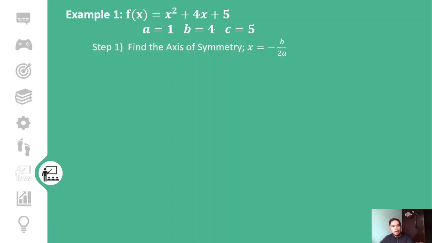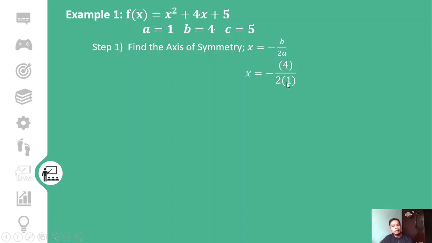Step 1 is to find the axis of symmetry. No? Gagamitin natin yung x equals negative b over 2a. So the value of b is positive 4 while the value of a is positive 1. So we have x equals negative 4 over 2 times 1. So again, si b pinalitan lang natin ng 4. Ayan. Si a pinalitan natin ng 1.